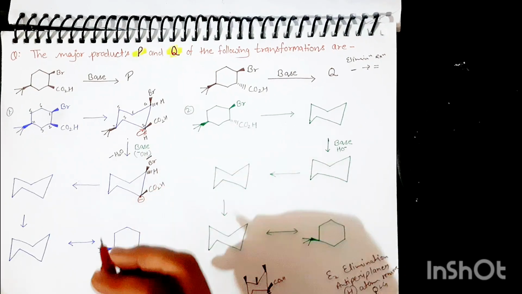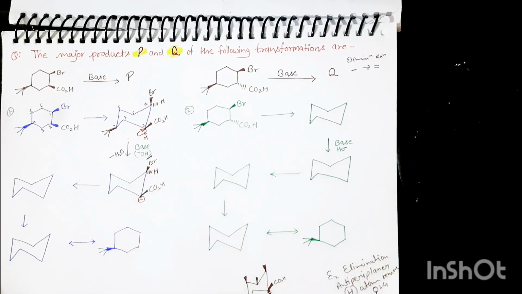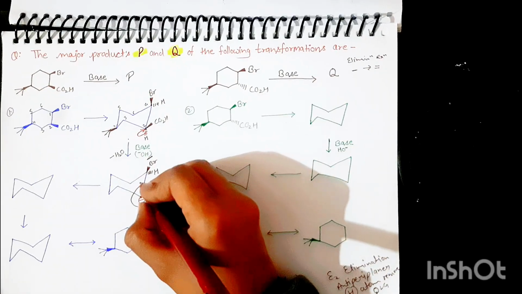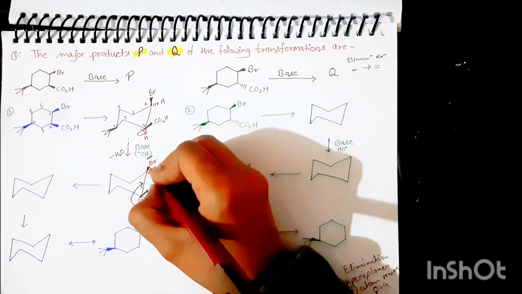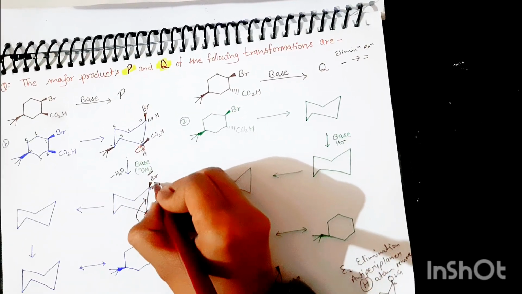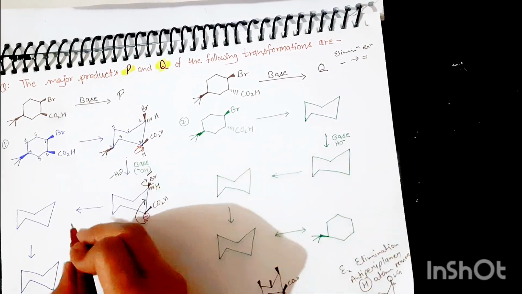So this electron pair goes here, and bromine leaves as a leaving group.